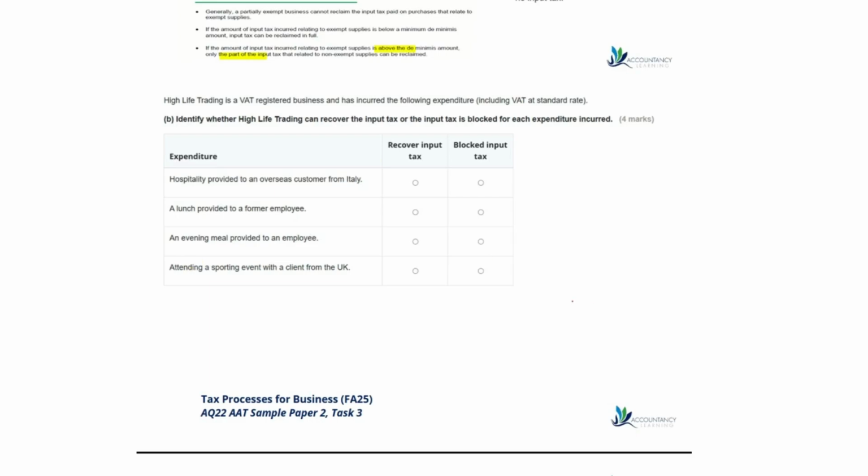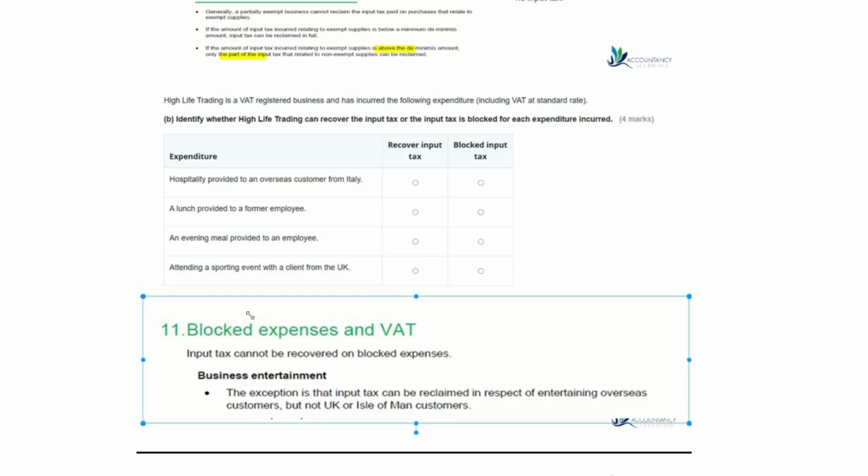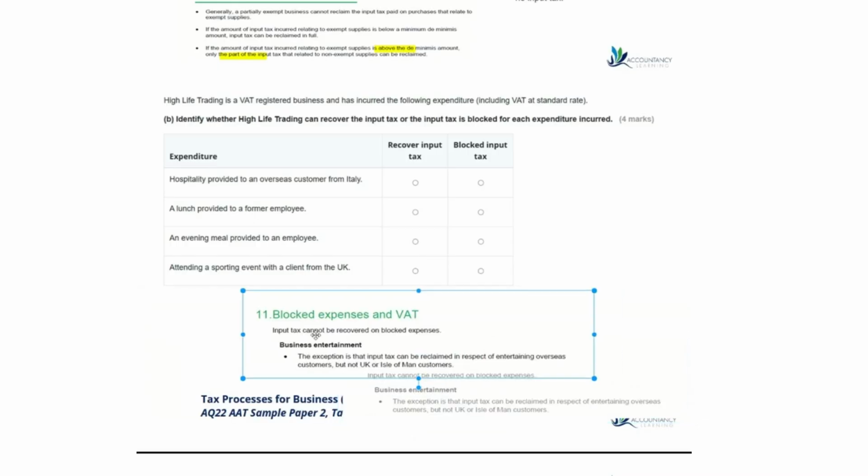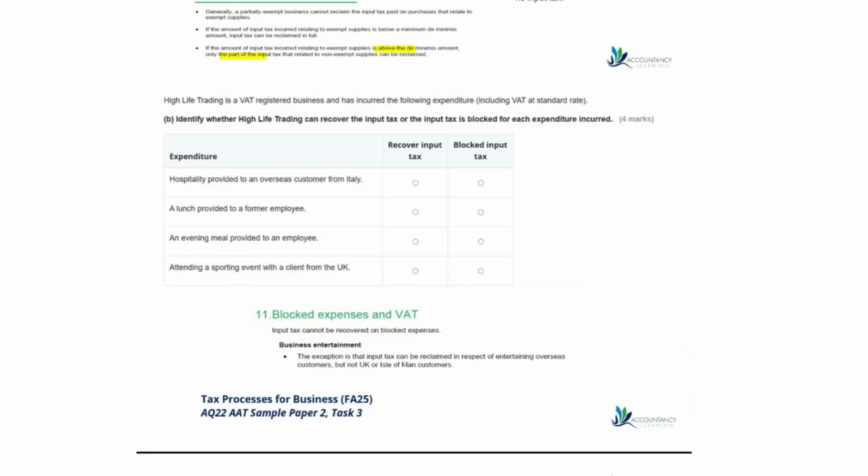So reference material 11 will tell us about business entertainment and blocked VAT. So hospitality provided to an overseas customer from Italy. So we generally don't claim for anything that is business entertainment except when they are entertaining overseas customers. So we can have the tax on that.